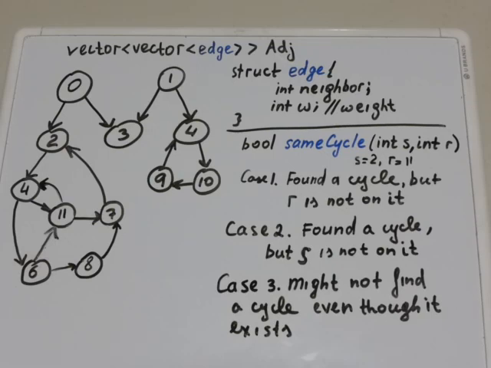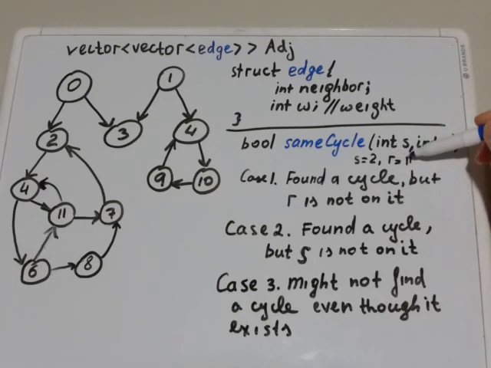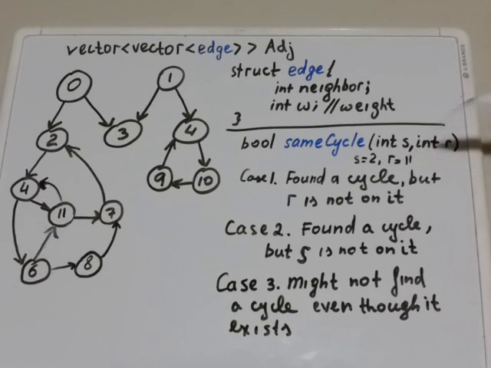However, the problem is more complicated than that. Now let's look at this specific graph example. I'm going to run DFS visit on s equal to 2, and let's assume that r is equal to 11. I'm going to show DFS visit parents and the color of each vertex as I go.